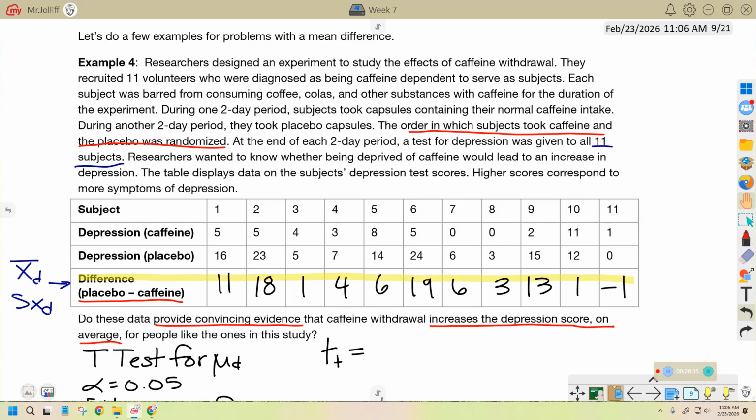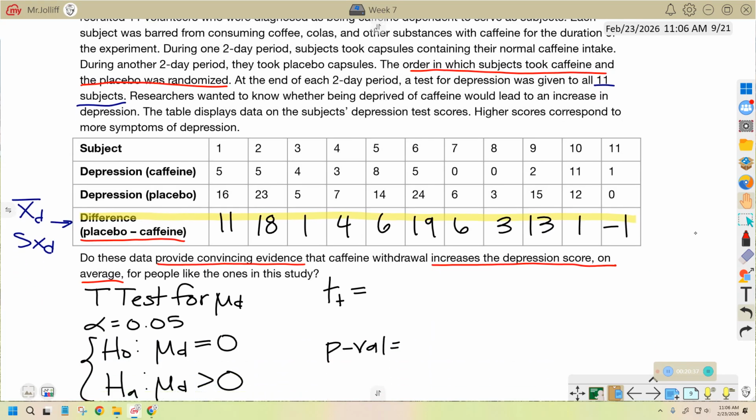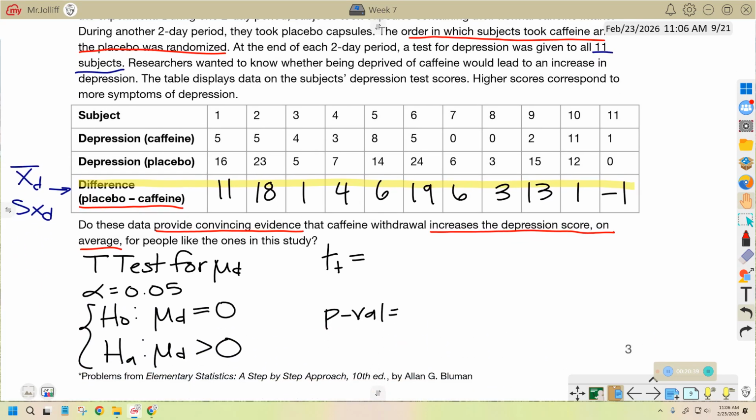If I am doing an experiment and it is random assignment, do I need to check the 10% condition? No. 10% only happens when I do sampling. I'm not sampling. This is an experiment. That's a whole different thing. So we can skip the second one. Third one, what am I checking for? Normal. And there's a list of 3 things I check for normal for a mean.